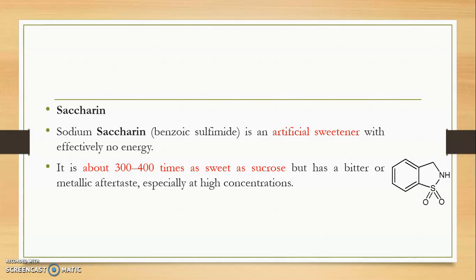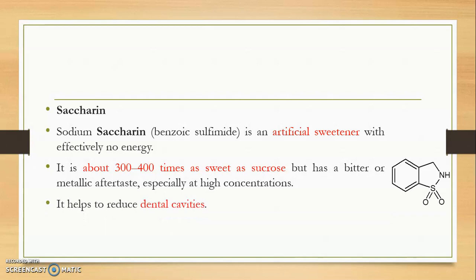It is about 300 to 400 times as sweet as sucrose, but has a little bitter or metallic aftertaste, especially at high concentration. What is the meaning of bitter or metallic aftertaste? Initially it tastes sweet, but after some time you will get a bitter taste. That's why it is known to have a bitter metallic aftertaste, especially at high concentration.